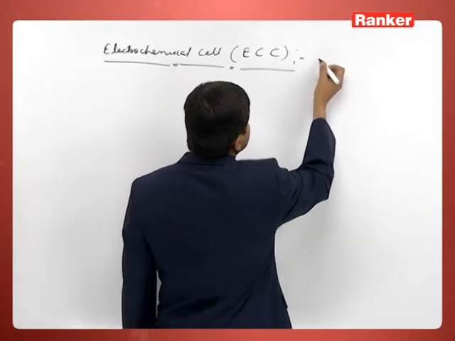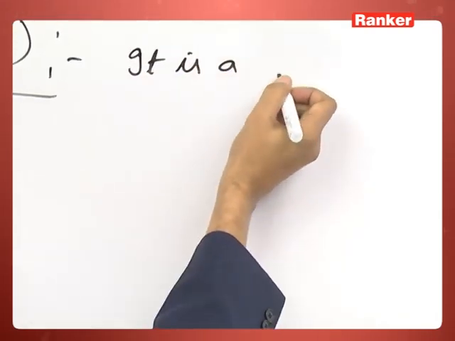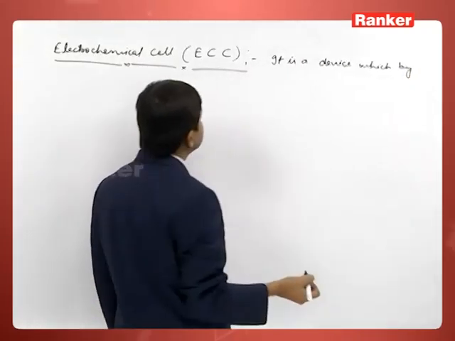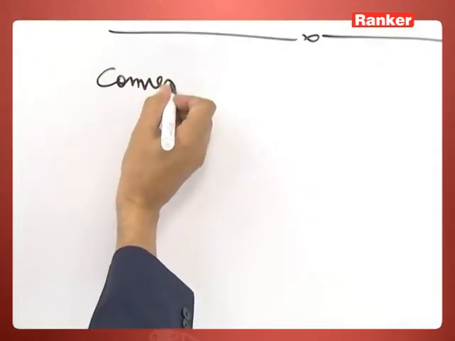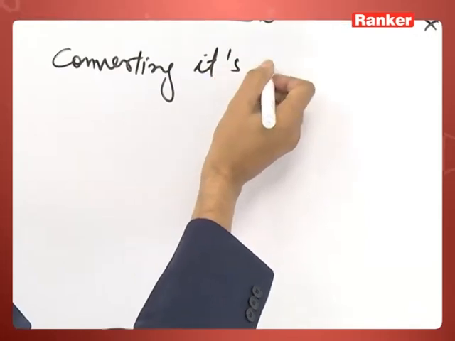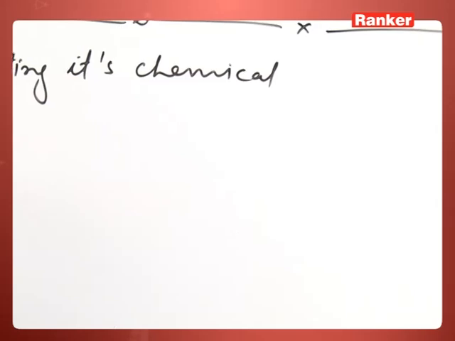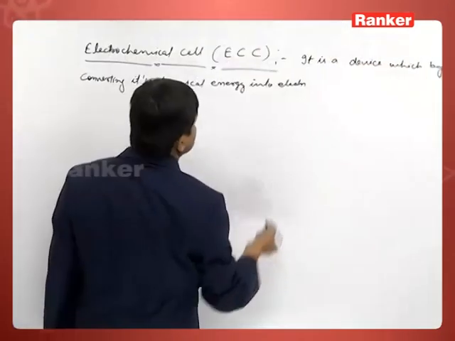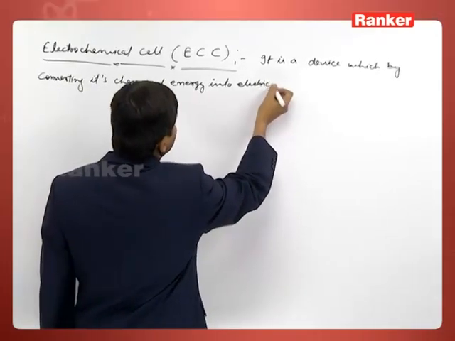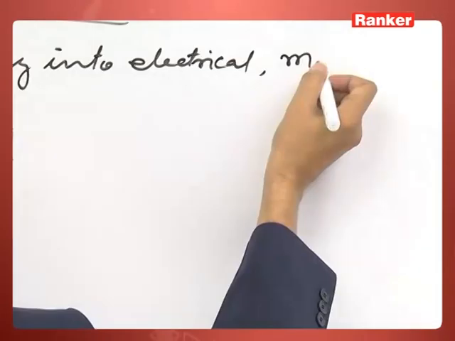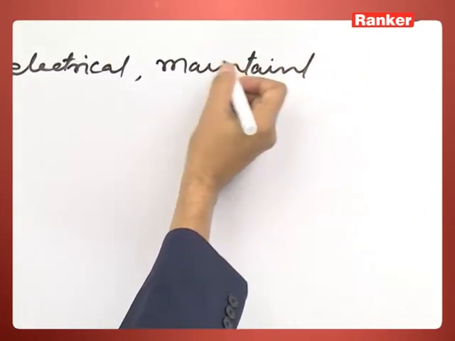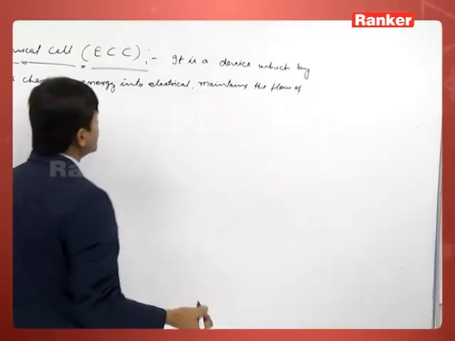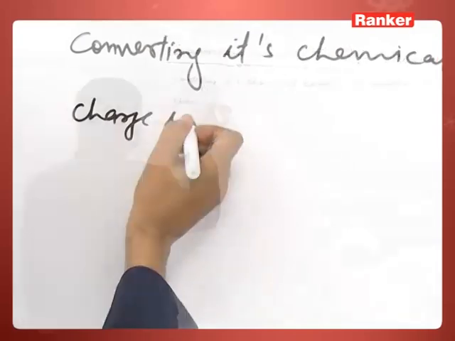So we can define it like this: it is a device which, by converting its chemical energy into electrical, maintains the flow of charge in a circuit.